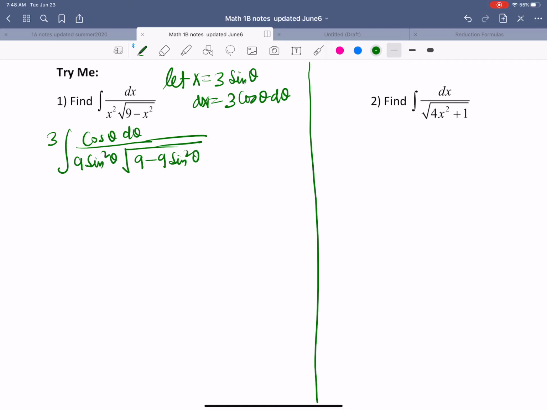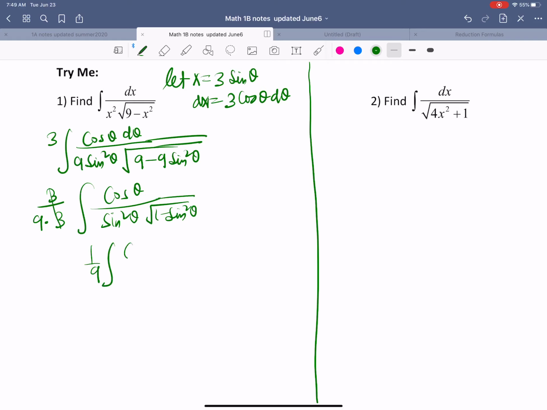Okay, we can pull out a square root of 9 from the parentheses. There is a 9 coming out. There's square root of 9 coming out as well. So we have cos theta over sine squared theta, 1 minus sine squared theta. Okay, that turns out to be 1 over 9 cos theta over sine squared theta. 1 minus sine squared theta is cos squared theta.